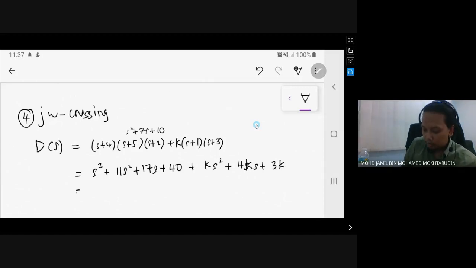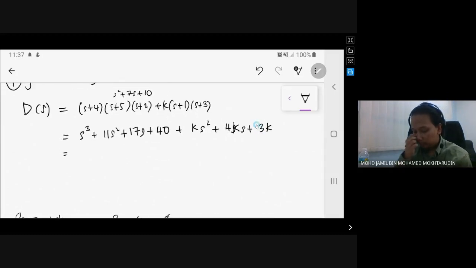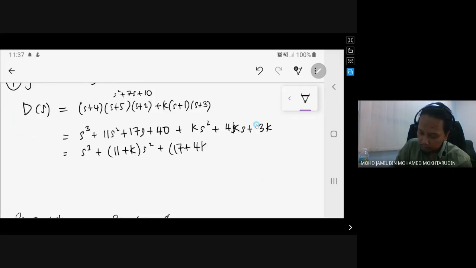Then simplify further, so you get s cubed plus 11 plus k s squared plus 17 plus 4k s plus 40 plus 3k.